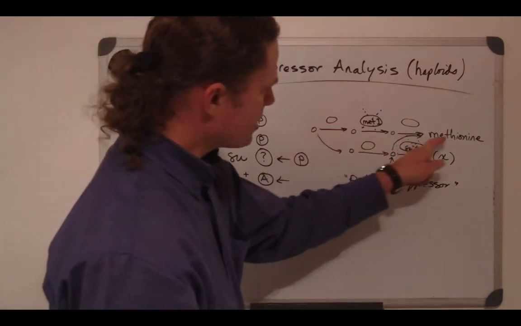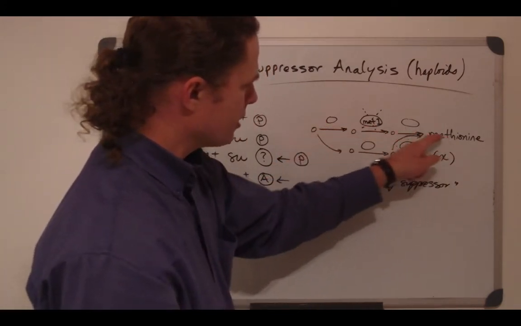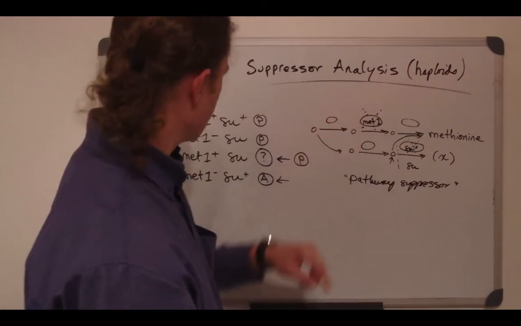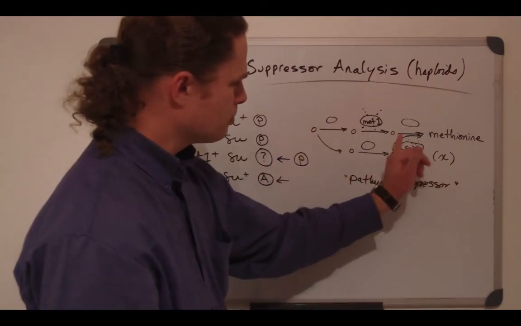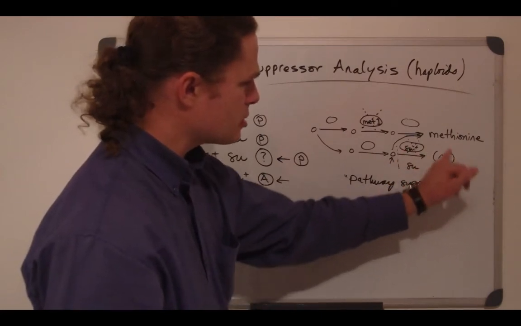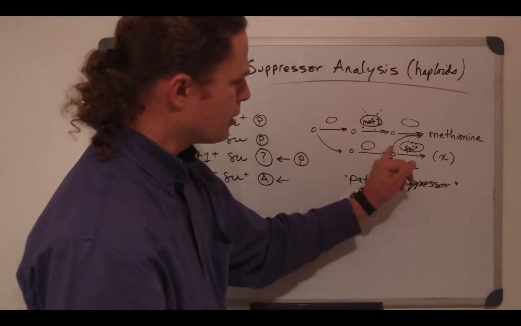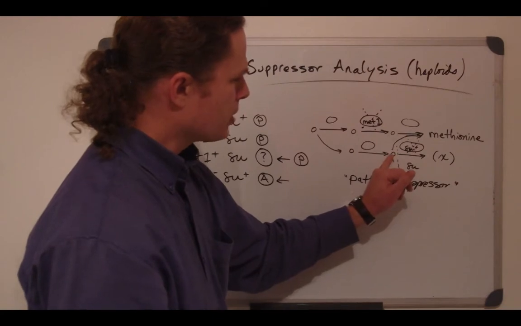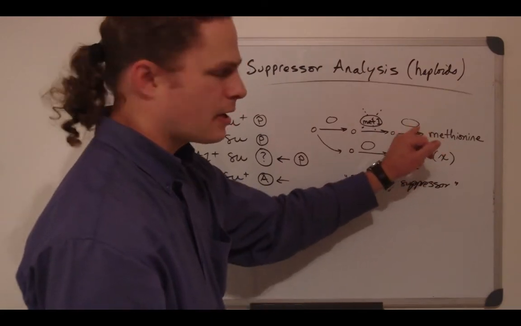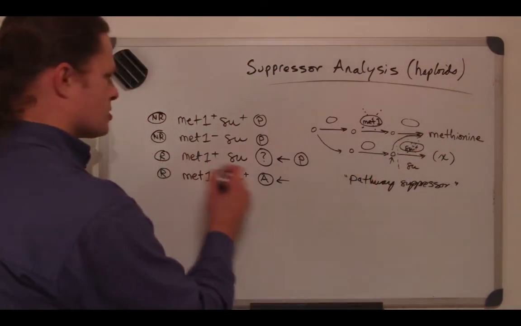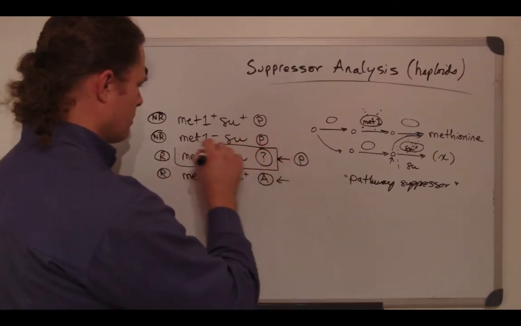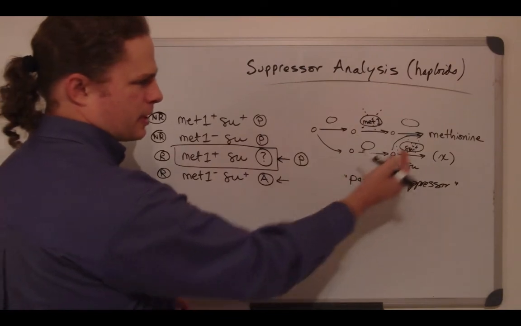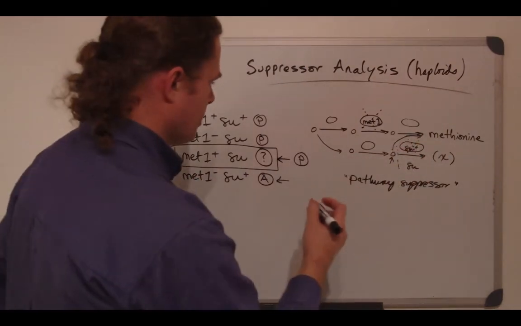First off, the standard methionine pathway is available and completely functional if we have MET1+. And this suppressor allele is not blocking the function of anything that's essential. If anything, it's going to spill over some of this precursor into the methionine biosynthesis pathway. So in this particular setup with a pathway suppressor, this genotype will be prototrophic because it will be able to make its own methionine.